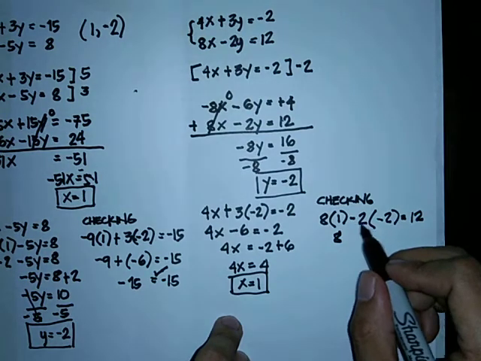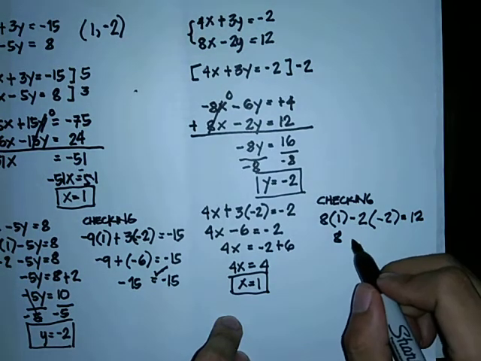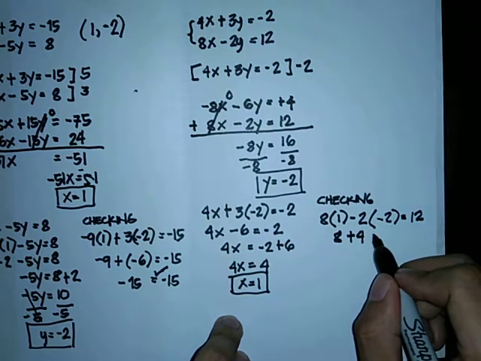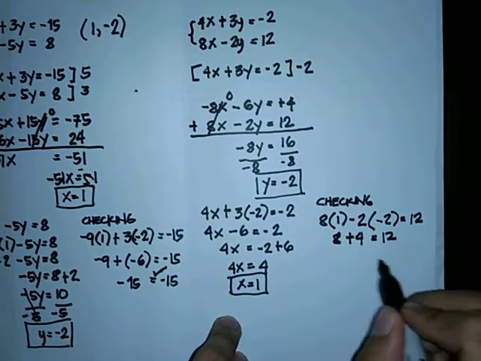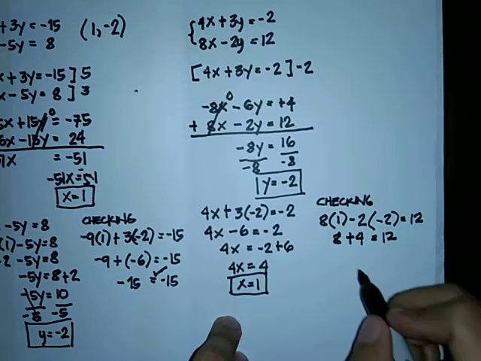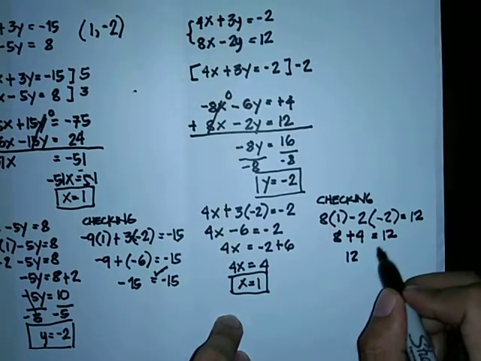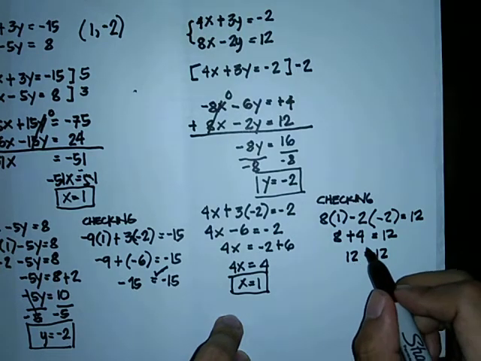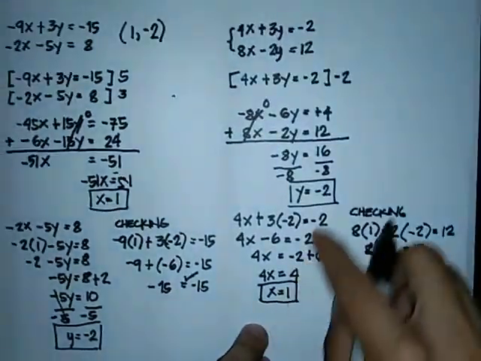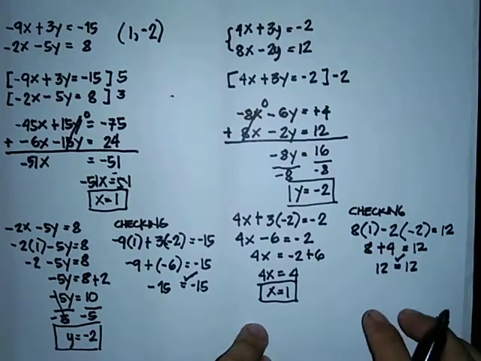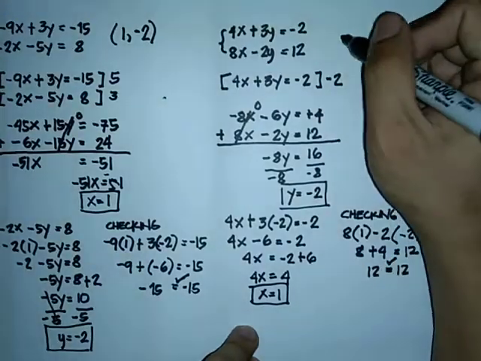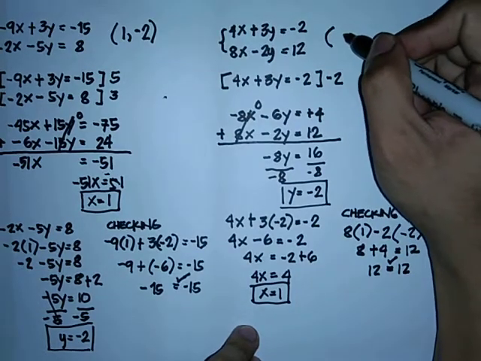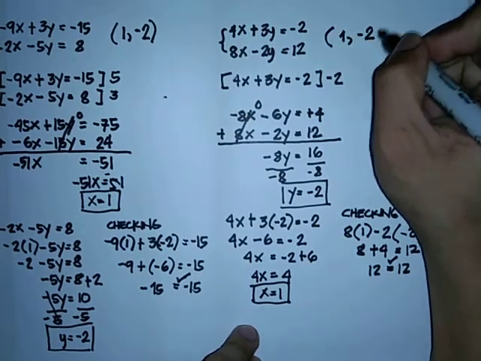And then we have negative 2 times negative 2, that is equal to positive 4. Now we have 8 plus 4, that is equal to 12. So we have 12 is equal to 12. So that makes our solution set na 1 and negative 2 valid. And ibig sabihin, for our given equation, our solution set will be equal to 1 and negative 2.